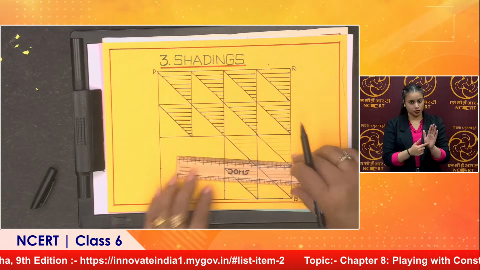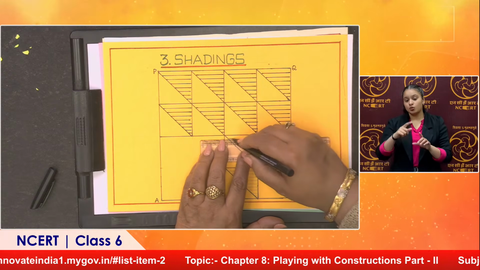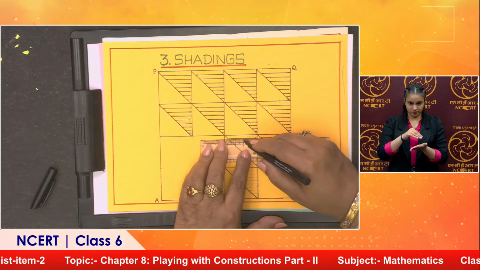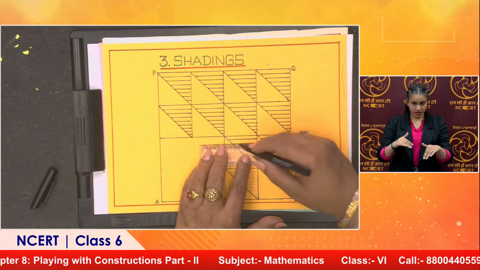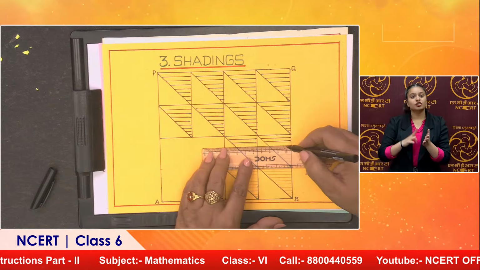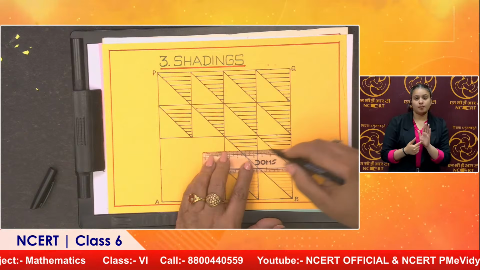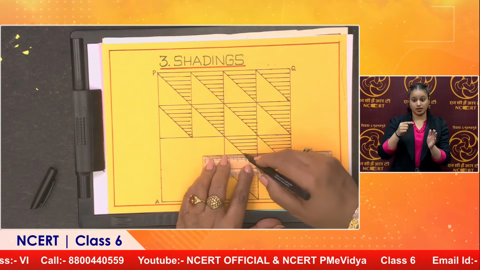And to shade, what we should do, just place your ruler like this and you have to leave some space in between. See, one triangle you have to shade and the in-between triangle you have to leave. And in this way you can complete the shading work and give the same look which is there in your textbook. And extra lines you can erase.